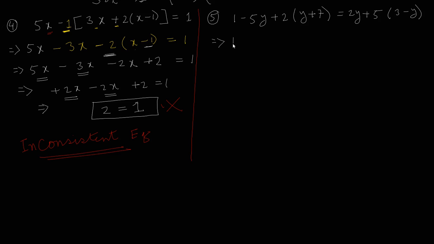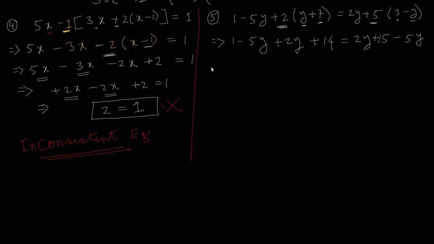So let's see what I am getting. 1 minus 5y, plus 2 multiplied by y is plus 2y, and plus 2 multiplied by 7 is plus 14, equals 2y plus 5 multiplied by 3 is 15, and then plus 5 multiplied by negative y is negative 5y.